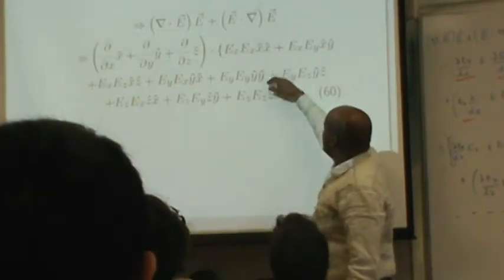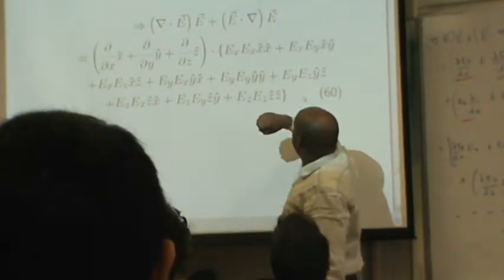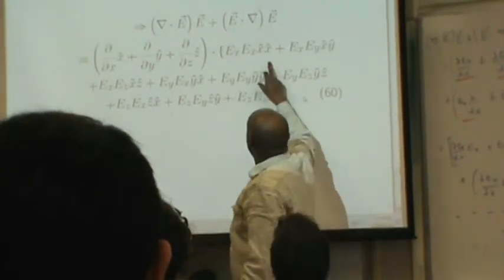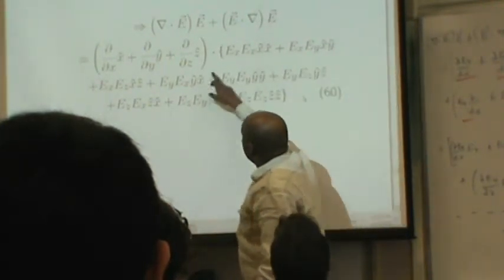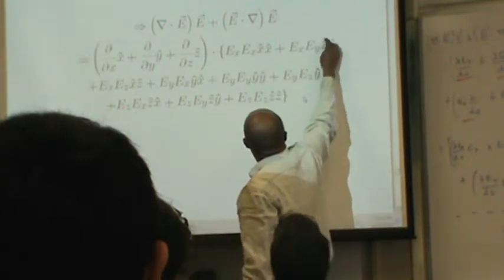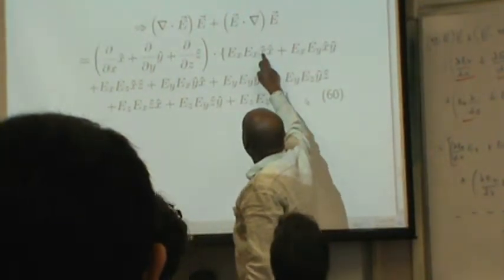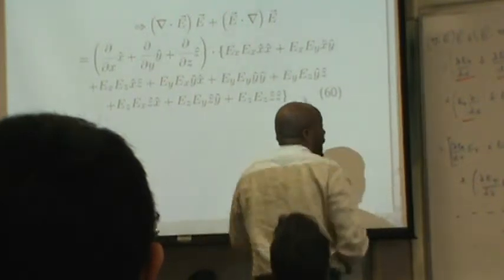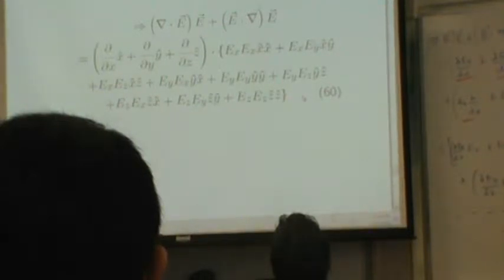And each of these terms, for example, here you have unit vector x, and here unit vector y, unit vector z, right? If you think of this one as some constant, and this is a unit vector, I can write this in a matrix form in the following way.